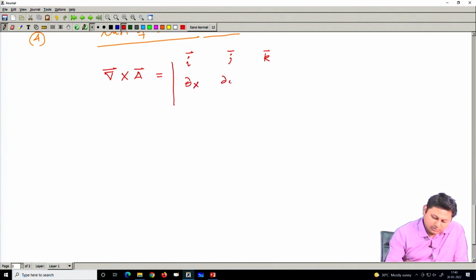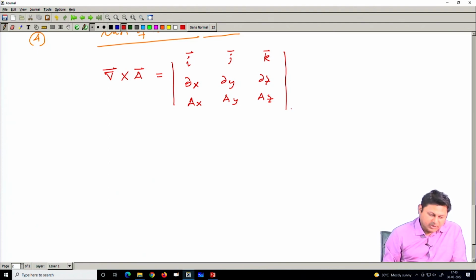Shorthand notation of partial derivative and then x, A_y, A_z bracket close.